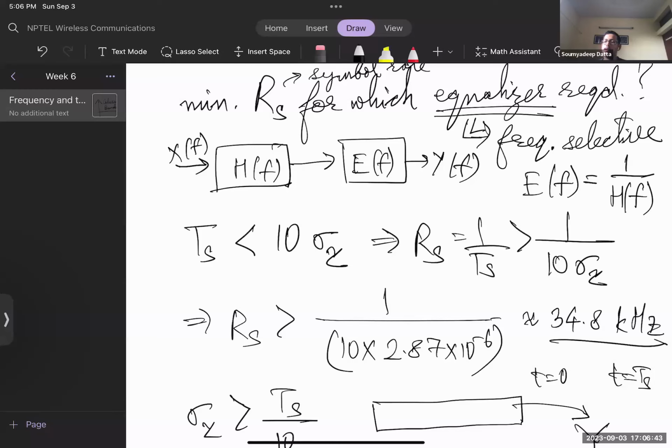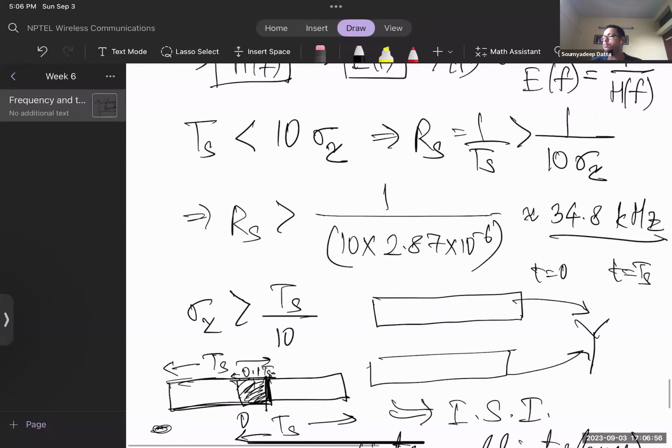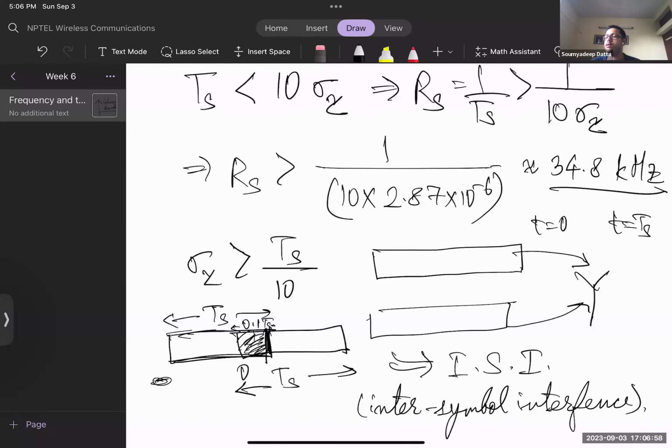So if you want a frequency flat channel, then there are some restrictions. You cannot send signals greater than this. Another notion of frequency selectivity is that consecutive symbols that are sent should not overlap, or should have minimal overlap. If there is overlap between signals, then there is inter-symbol interference, which happens because of a frequency selective channel. This you want to avoid.